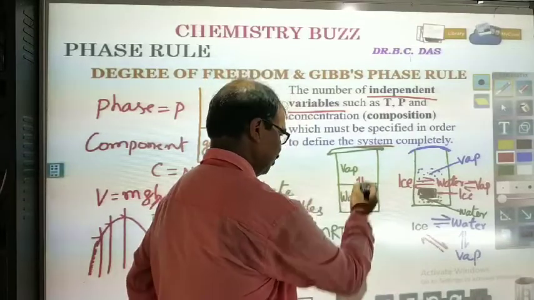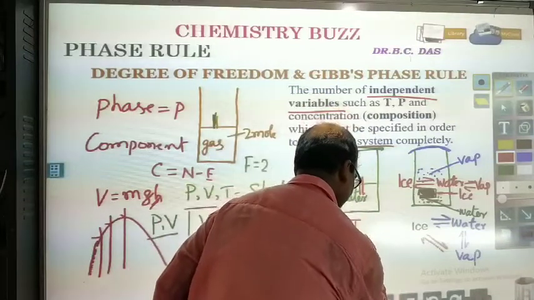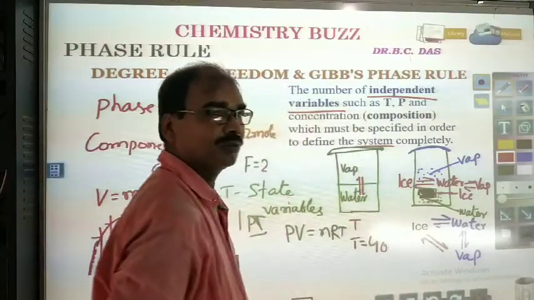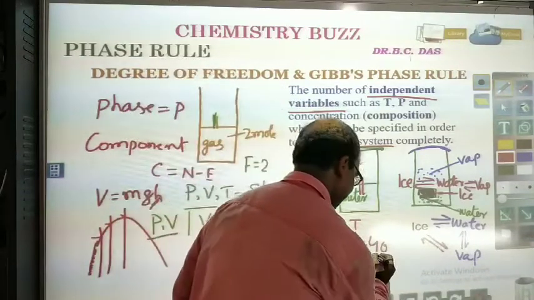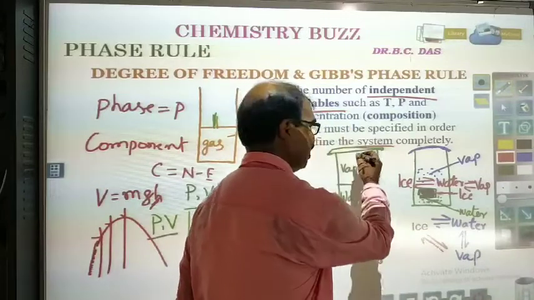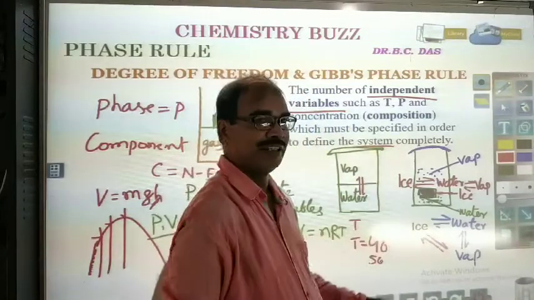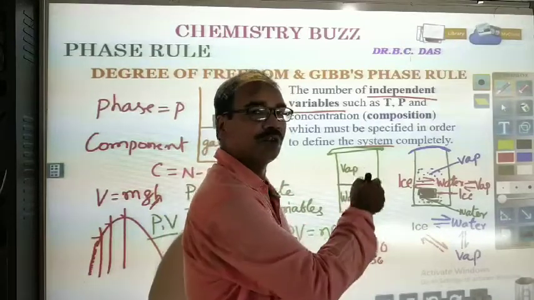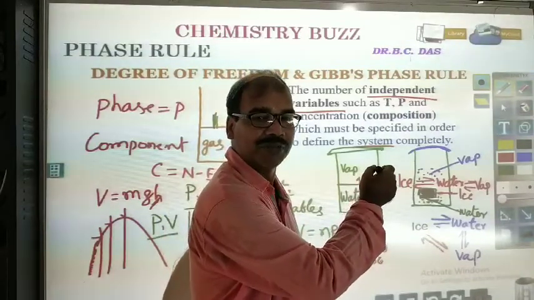We need one variable. So when T is equal to 40 degrees, there will be a certain vapor pressure, and when it is 50, there is also another value of vapor pressure. And when T is 100 degrees, it is the boiling point of water, and the pressure will be 1 atmosphere. So that is fixed. Okay.